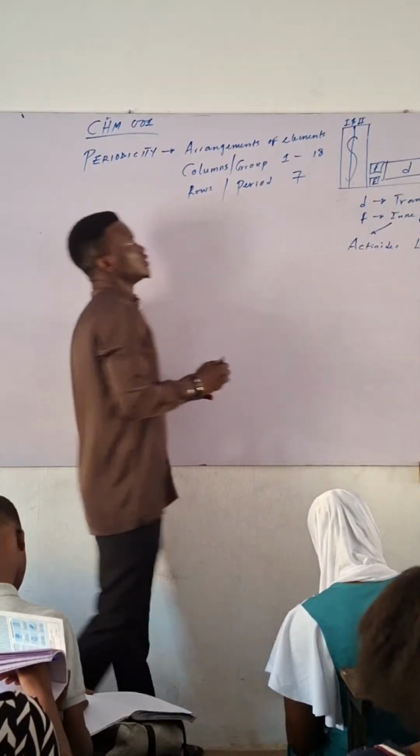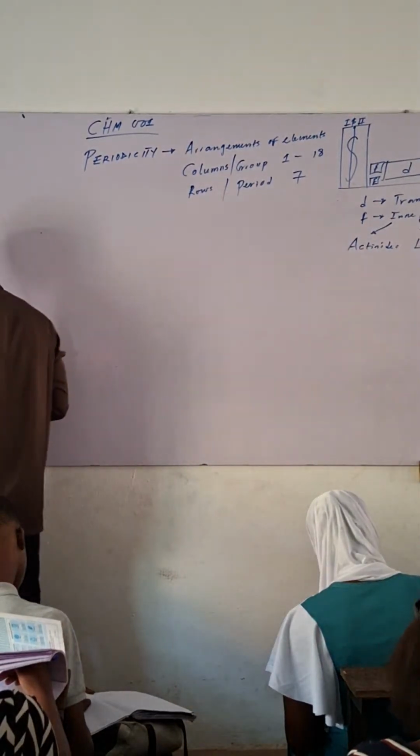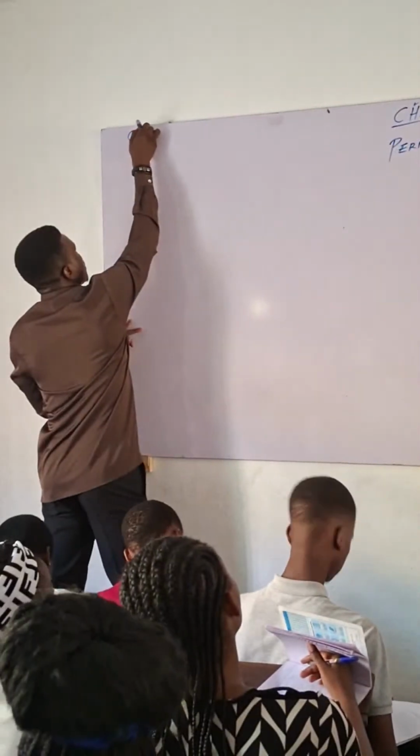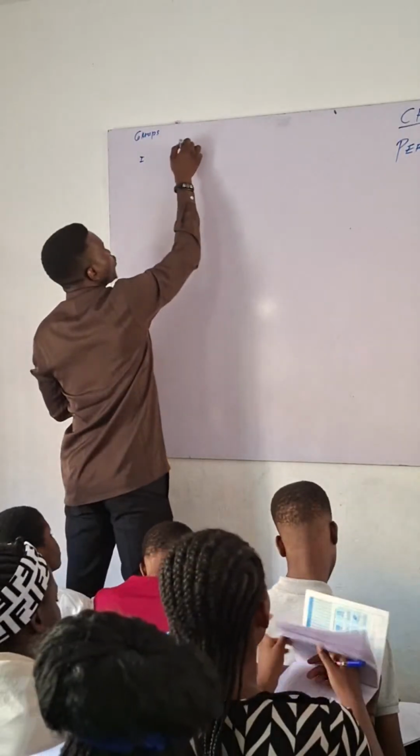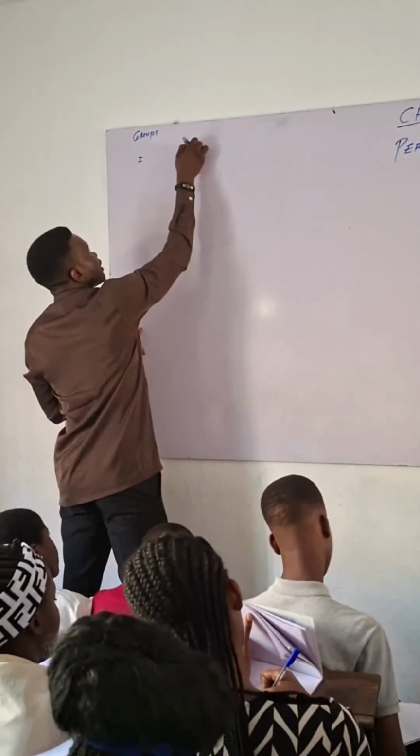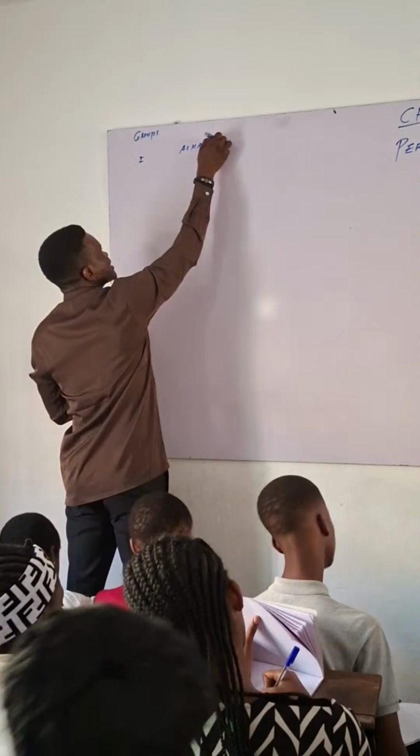Now, all of these groups have names. There's a common name we call the groups. Group 1 are called alkali metals.